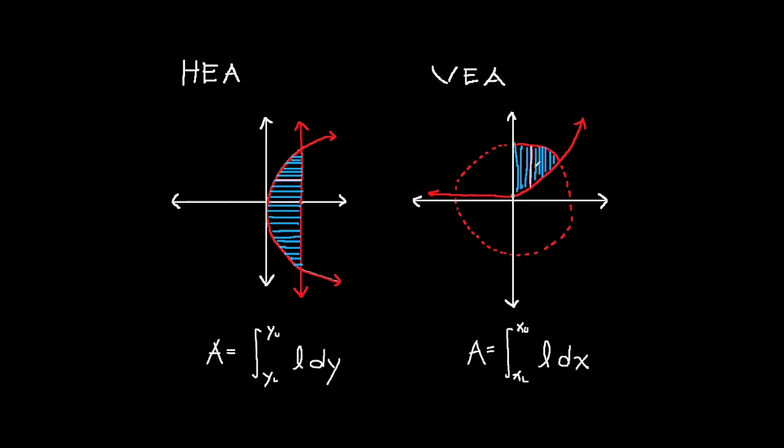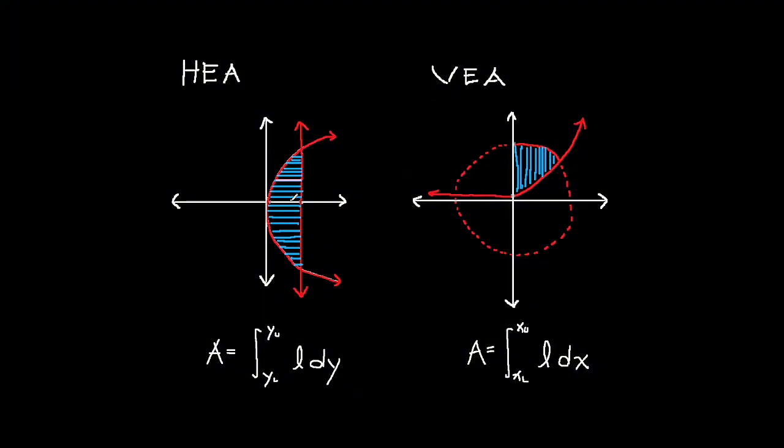So if you draw multiple vertical lines here, every time the other end ng isa is nagtatouch sa isang boundary, the other end will touch the other boundary. So that will be your basis kung paano siya i-differentiate whether HEA or VEA yung gagamitin nyo.